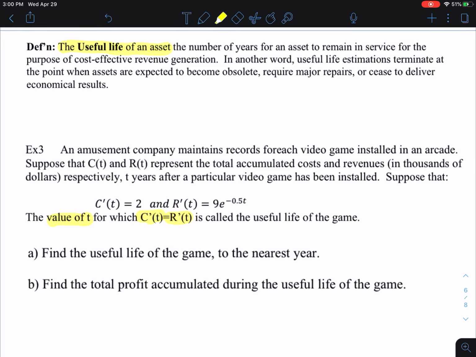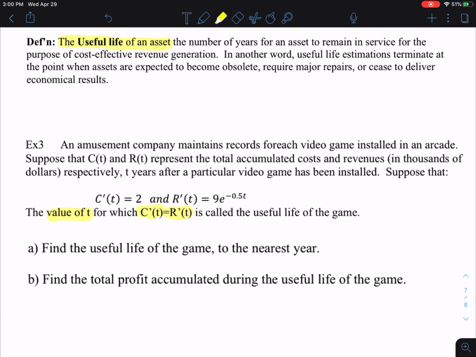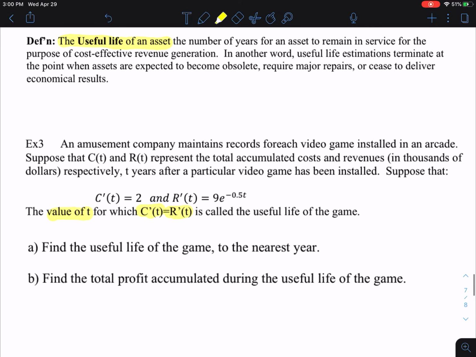In this case, the asset is a video game at an arcade. So in this example, we're going to go over how to find that value of t by using definite integrals.